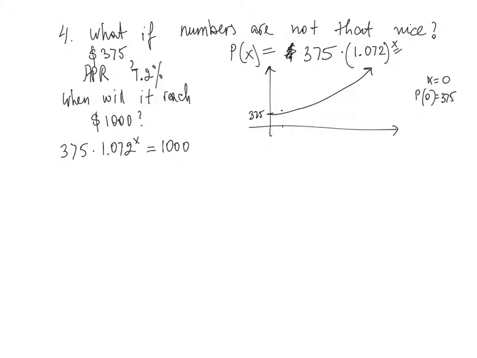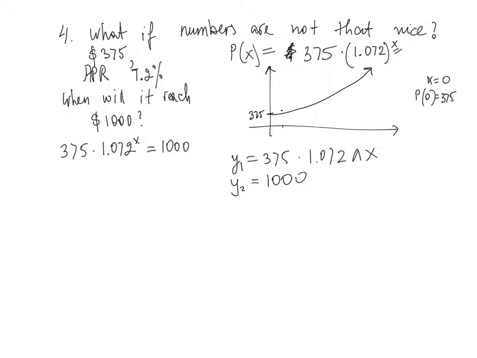So we want to do it the following way. So you type in your equation, y1 equals this function, 375 times 1.072 raised to the x power. And then you may trace and see when it's 1000. But a much more reliable way would be to graph another function, which is y equals 1000.